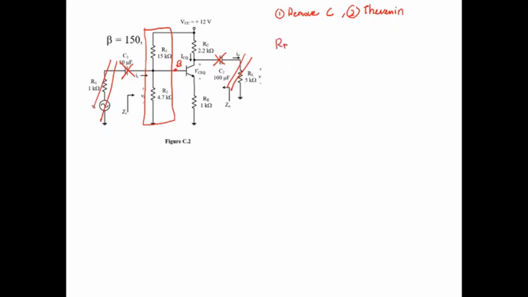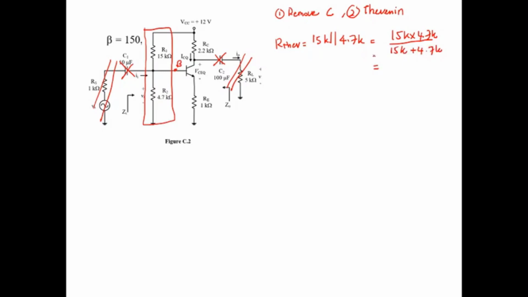One is the R Thevenin. R Thevenin is R1 parallel with R2. So this is 15K parallel with 4.7K, which is equal to 15K times 4.7K over 15K plus 4.7K.